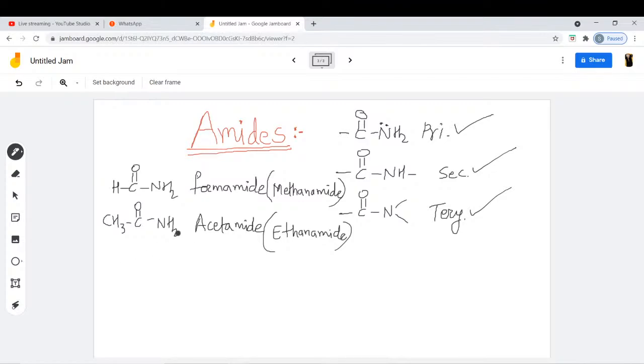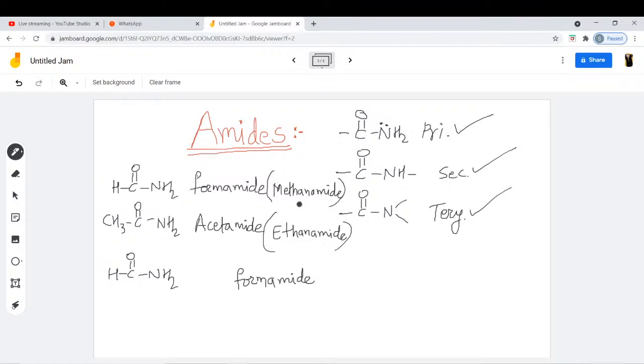Then here the hydrogen atom is replaced. Certain examples: HC double bond O NH2, its name will be formamide, as you know very well.